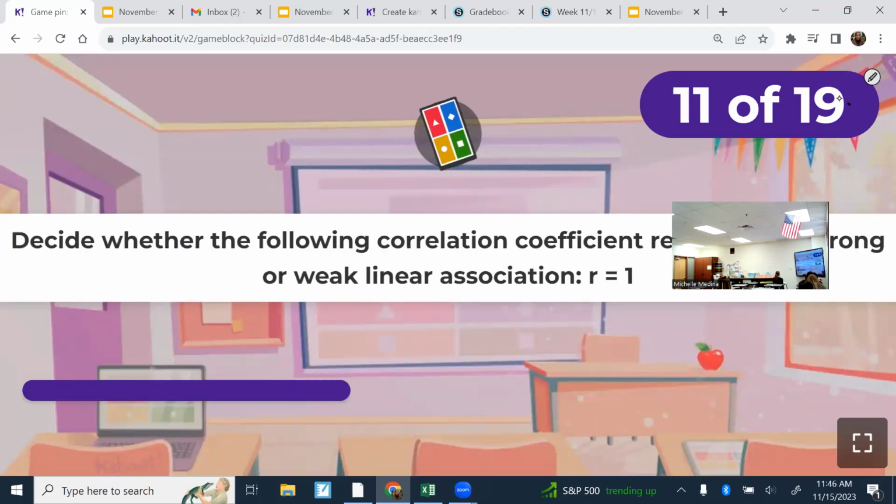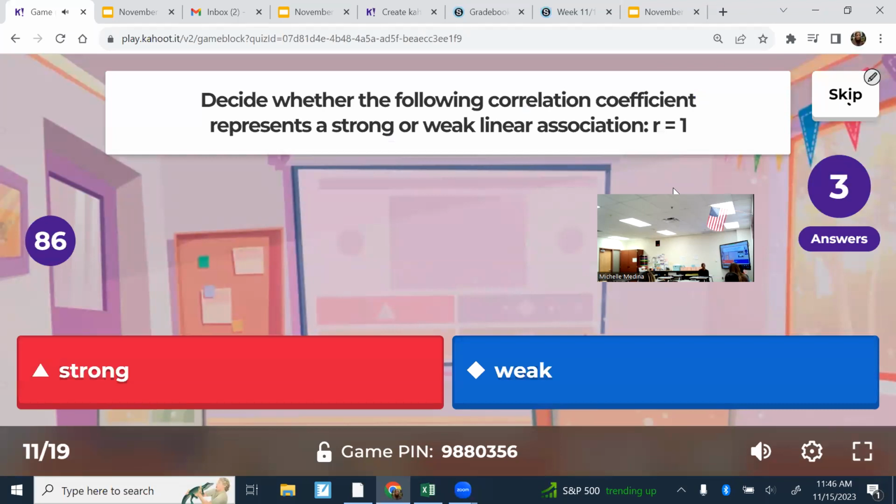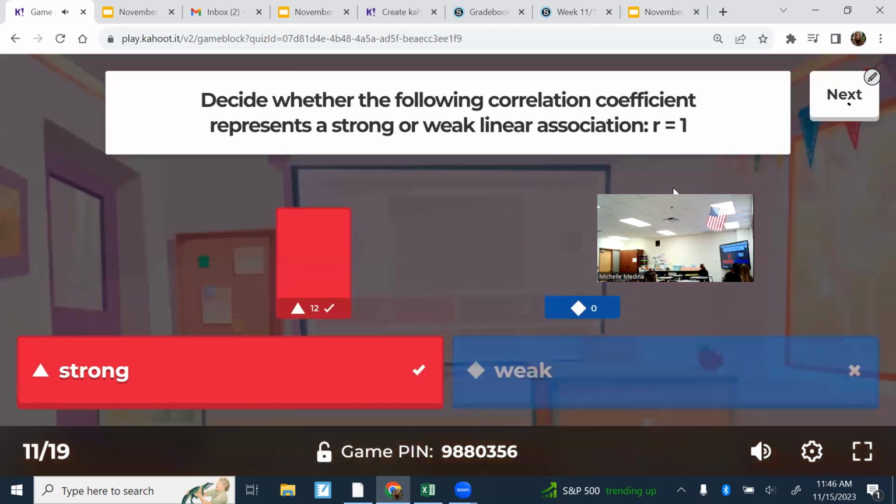Okay, decide whether the following correlation coefficient would have a strong or weak linear association. Okay, better.